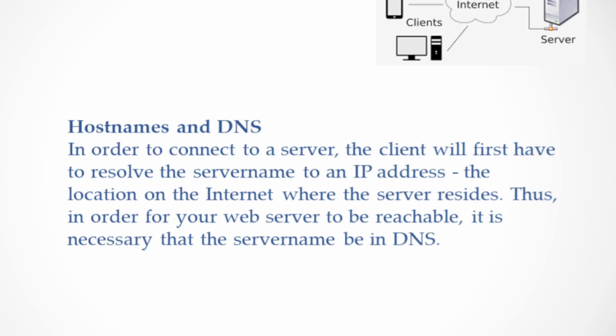Now let us discuss a little bit about host name and DNS. In order to connect to a server, the client will first resolve the server name to an IP address. That means when you are typing a URL, your client will convert that URL into an IP address, and that IP address is generally your server IP address.